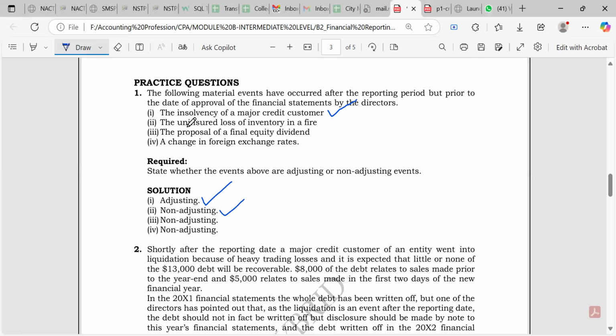Maybe let me give you a hint, and maybe you'll one day answer me. In case this is an insured loss of inventory, in case it was the insured loss, of course, this one is after the reporting date. So it is obviously an adjusting event. But in the next period, inventory would have to be written down, right?